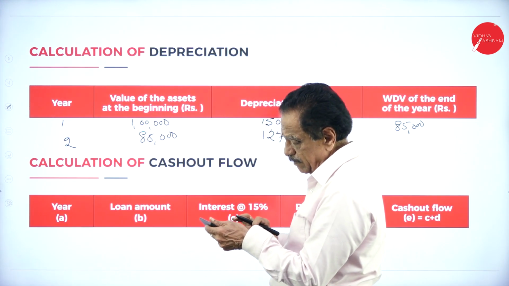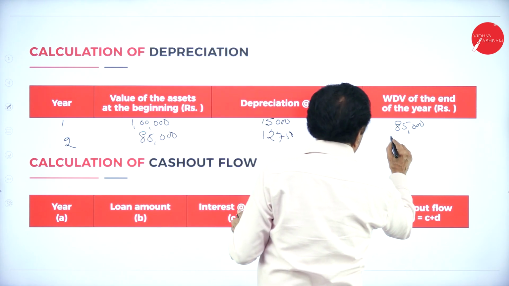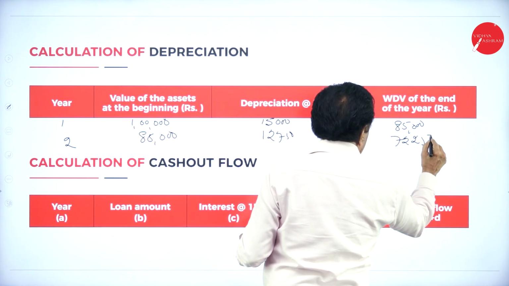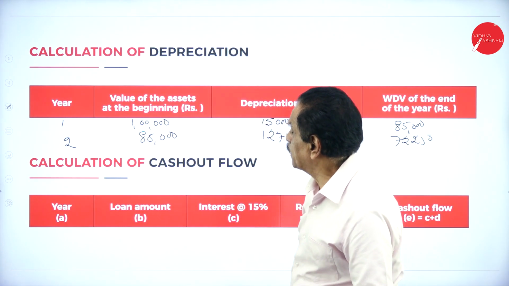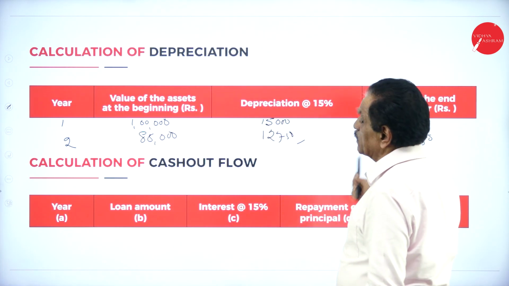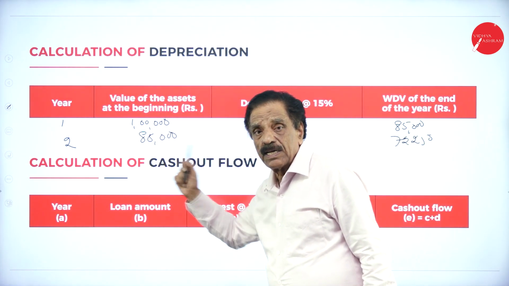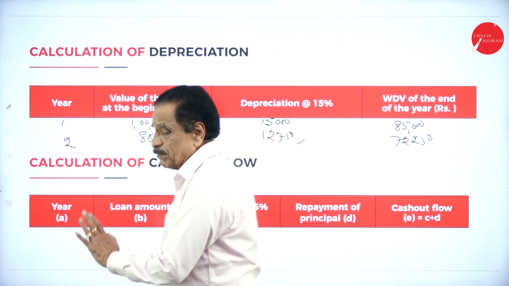Minus that, the balance is 72,250. It goes on like this, that is the diminishing balance method. Opening value 1 lakh, depreciation 15,000, balance 85,000; second year depreciation on 85,000 is about 12,750. This is the first method.